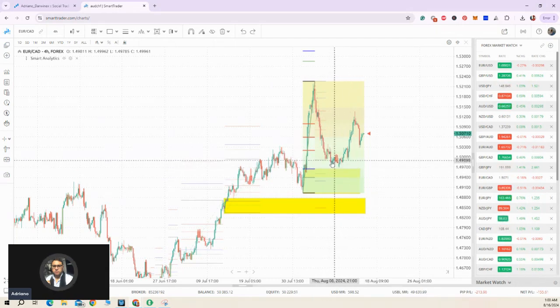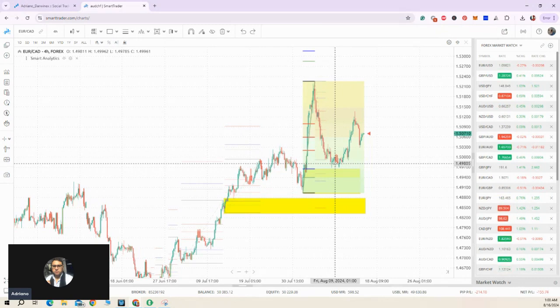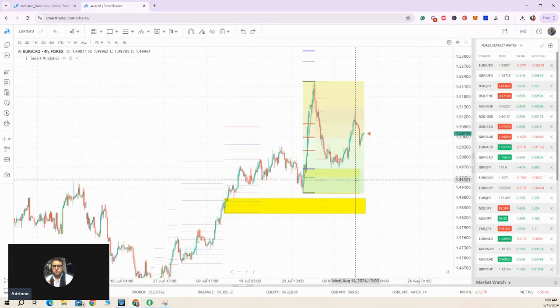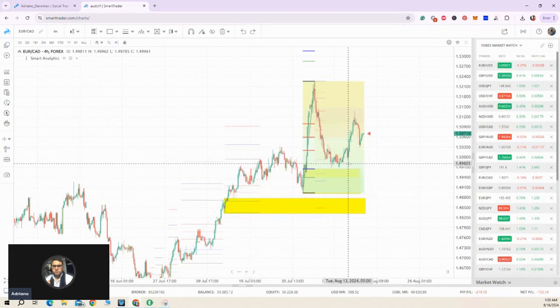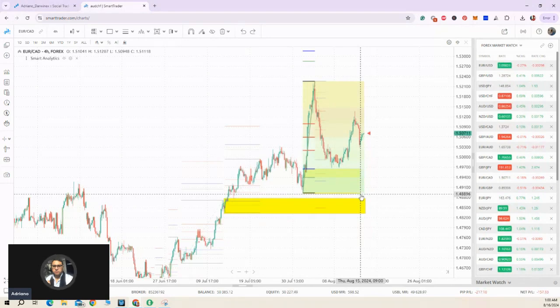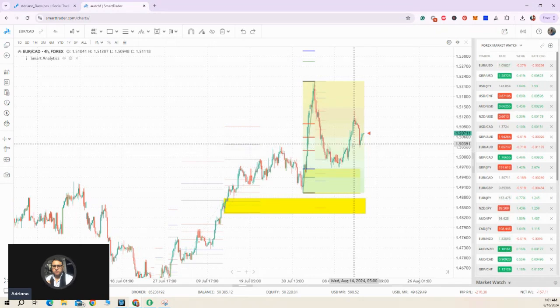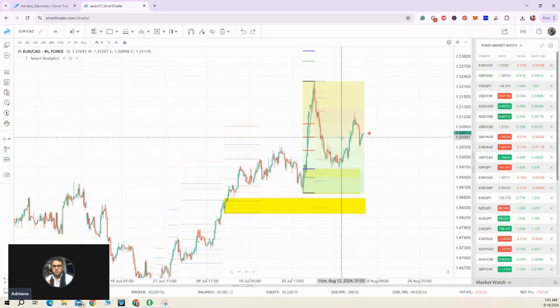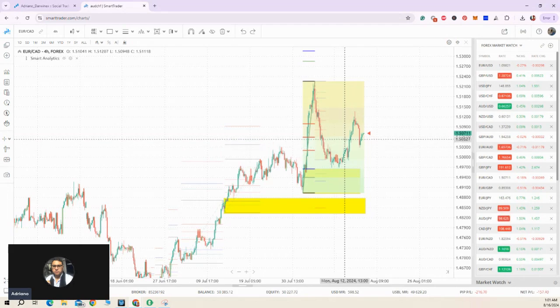So I took this trade here, I believe on Tuesday, and then I risked about 120 pips, and the profit target was about 100 pips. So this was a win trade.